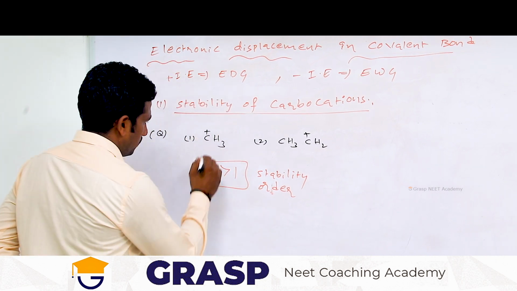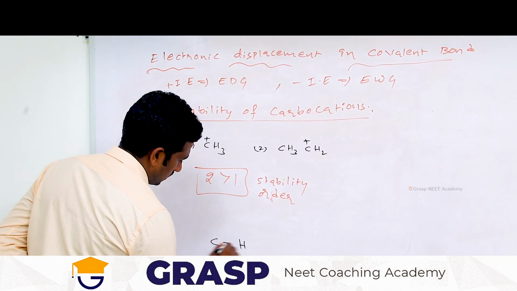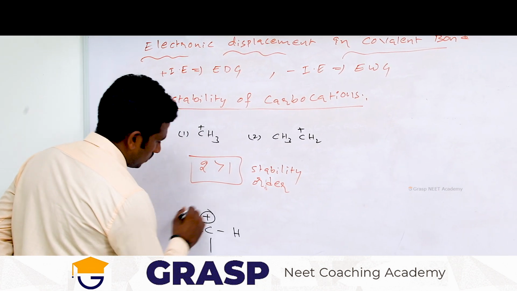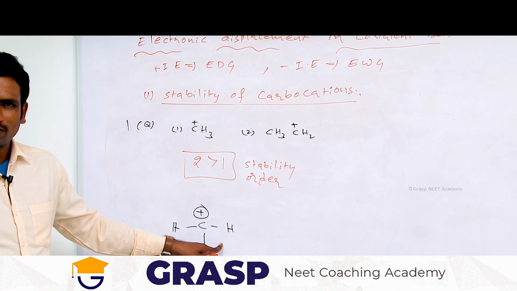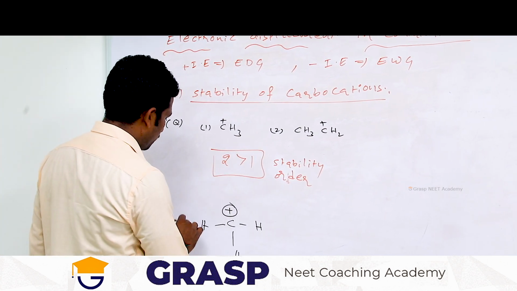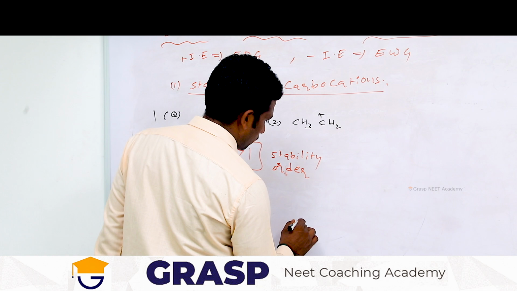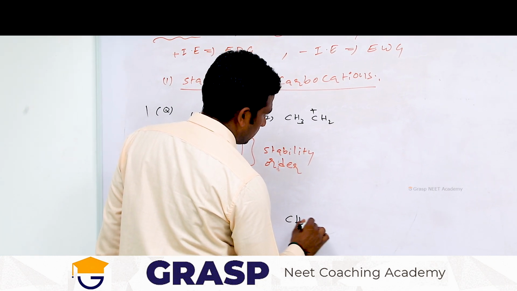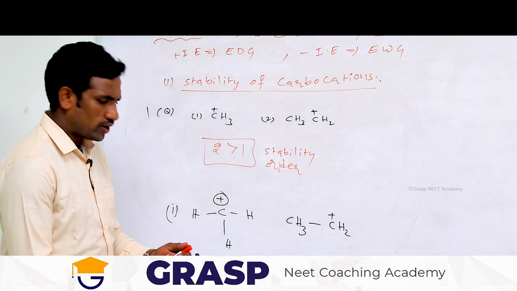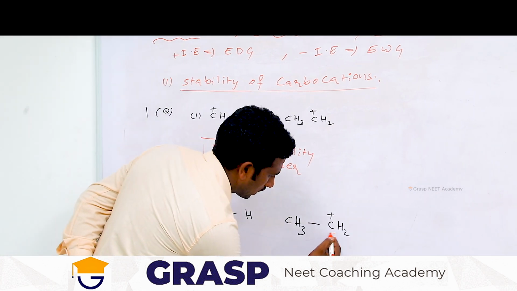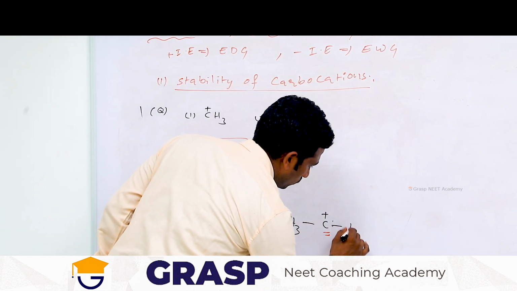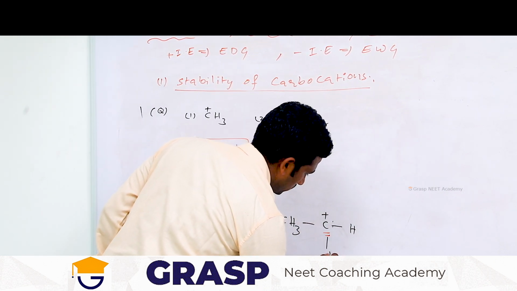See here, in methyl this carbon has all hydrogen atoms. This hydrogen is neither donating electron nor withdrawing electron from this carbocation. In the second compound, if you observe what is attached, CH3 is attached. This is your carbocation. Comparatively, here hydrogen is present, here also hydrogen is present.